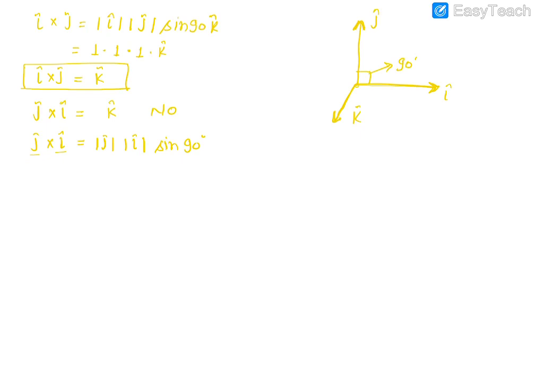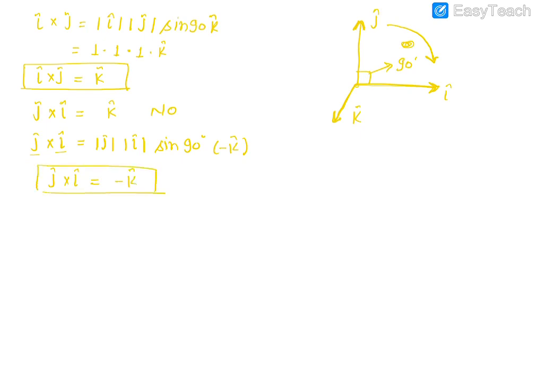If we go from j to i in this direction, then our thumb will go in the down direction, right? Down direction means perpendicular below the plane, that means minus k cap. So j cross i will be minus k cap.